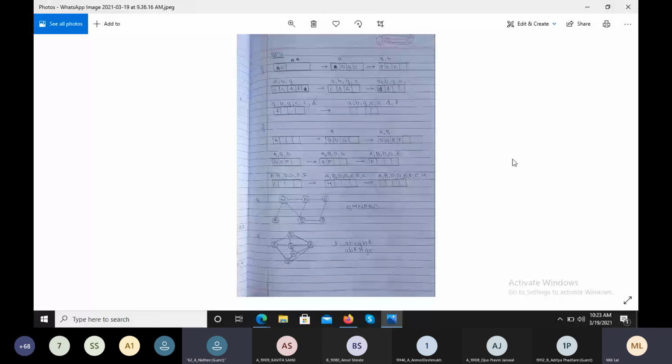A is connected to B, G, and E, so we have entered those. Then we print B out. We enter the vertex that is connected to B, so it is C. We go on with the same steps, and the output is A, B, G, E, C, D, F.